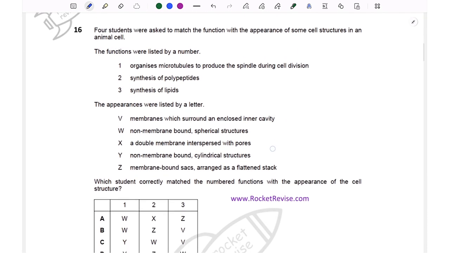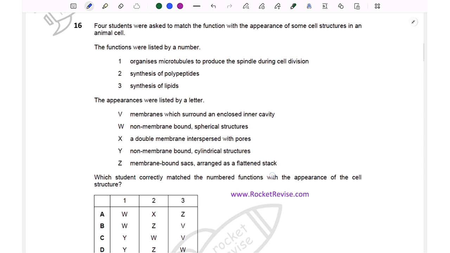Next question. This is a similar style question to what we did before. First step is to identify the structures, what organelles they're talking about, and then you're going to match them with their appearance. 4 students were asked to match the function with the appearance of some cell structures in an animal cell. The functions were listed by a number. Organizes microtubules to produce the spindle during cell division.